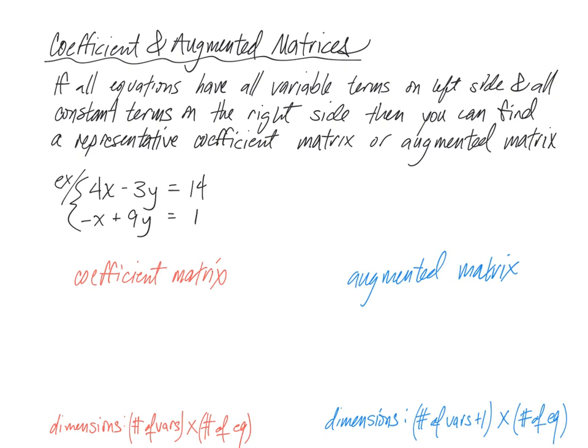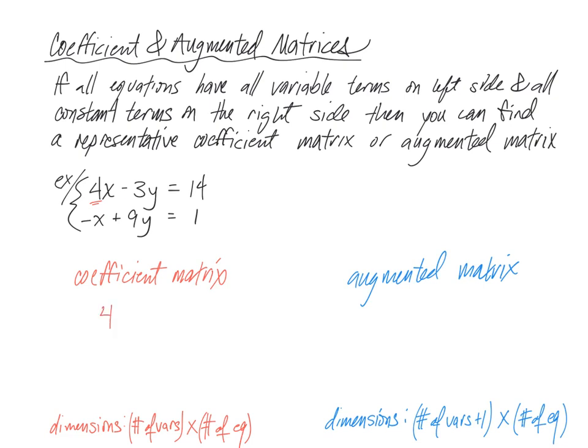And you'll notice again that we have x's first and y's second. Fantastic. That is going to be super important because when you make a coefficient matrix, coefficients are numbers, constants that are multiplied to variables. So the first coefficient we have will be 4.